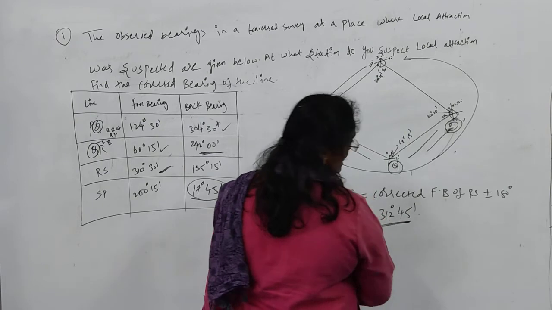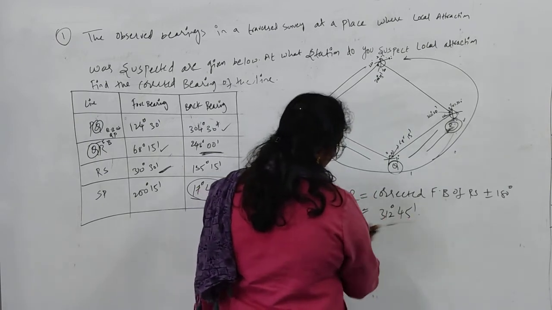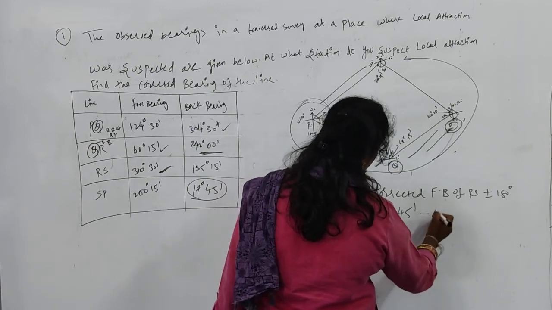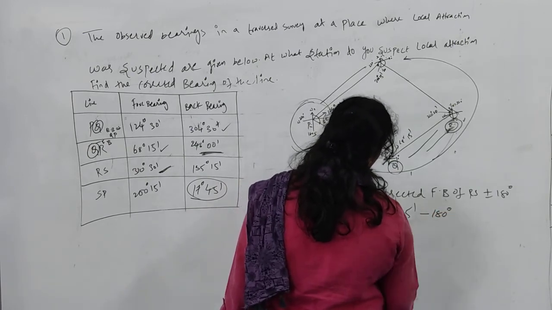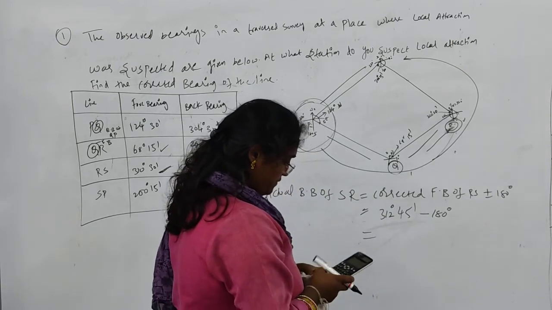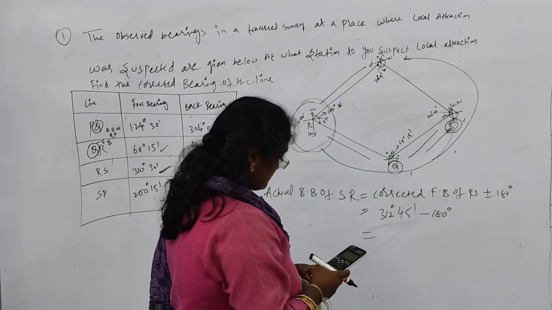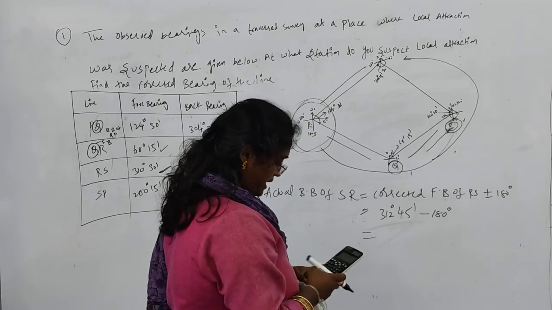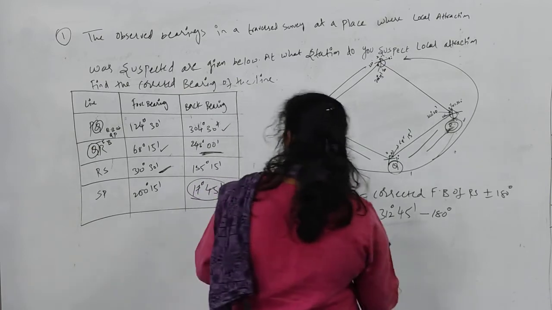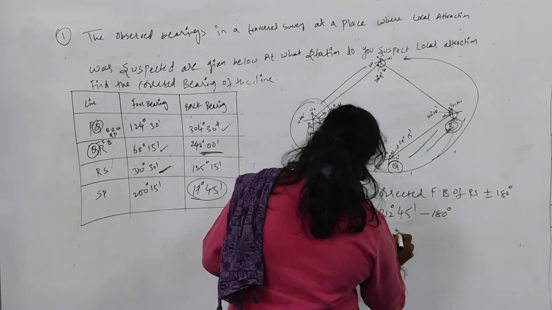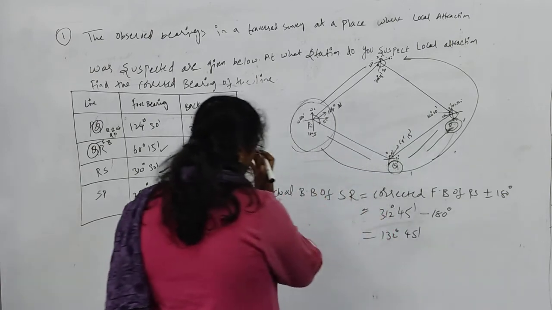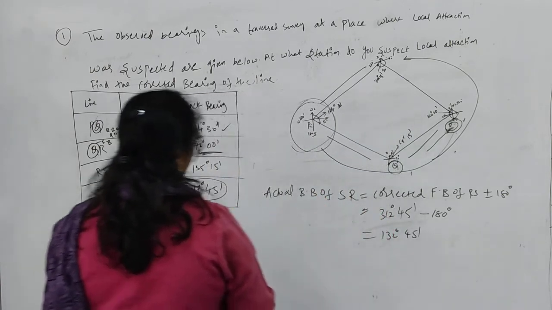As this is higher than 180 degrees, you have to deduct 180 degrees. 312 degrees 45 minutes minus 180 degrees gives 132 degrees 45 minutes. This is your actual back bearing of SR.